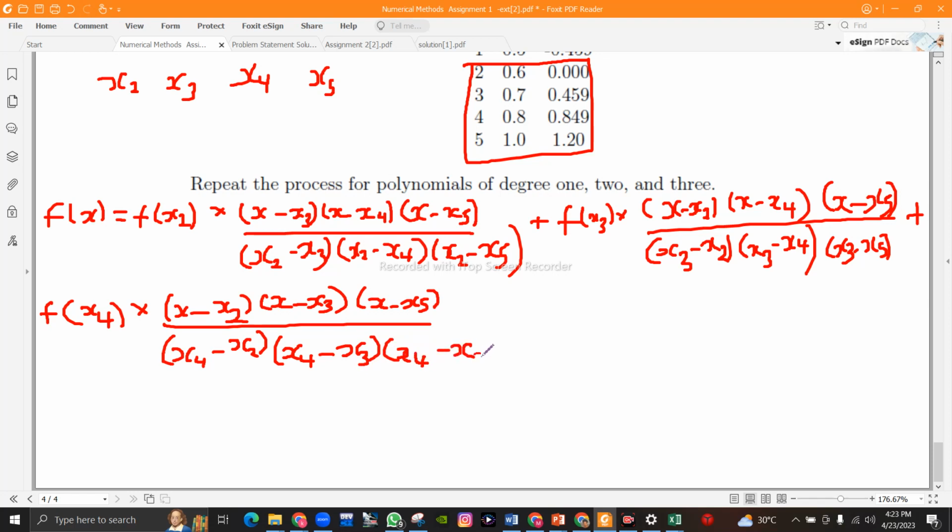So you have to just put all these values yourself, plus f of x5.